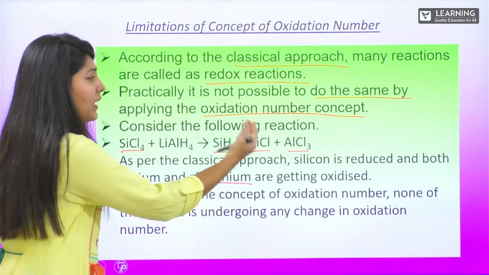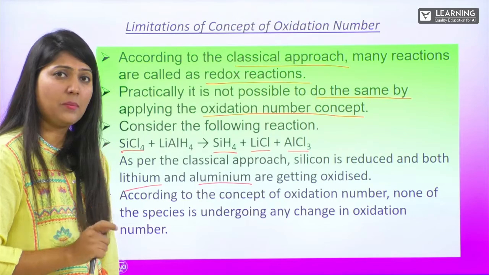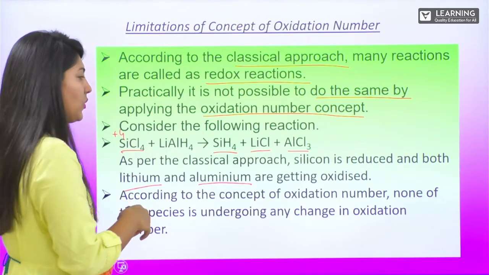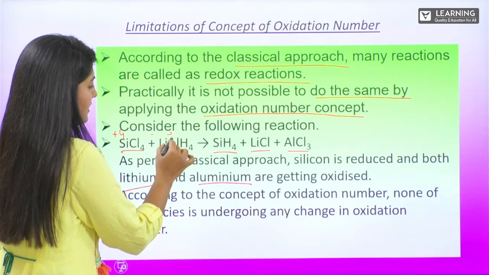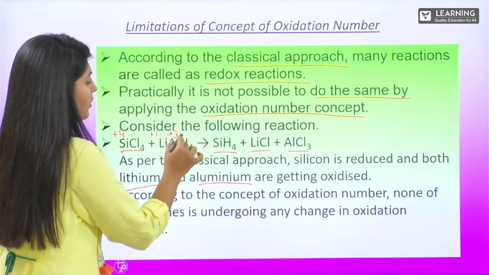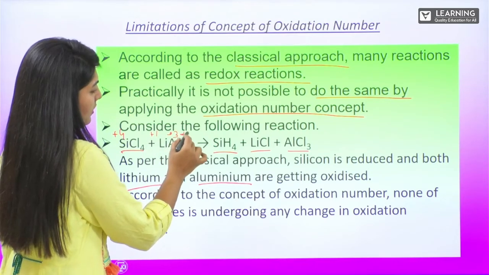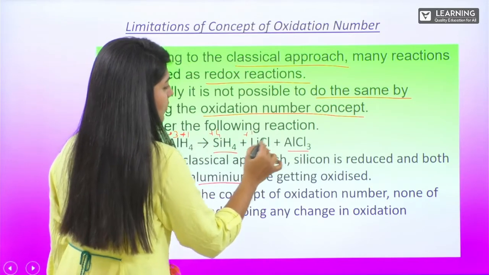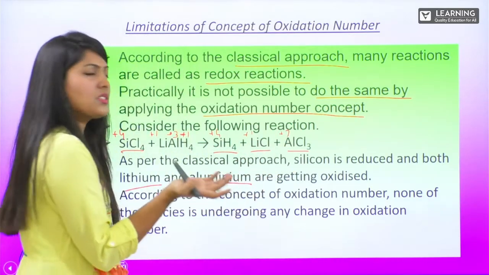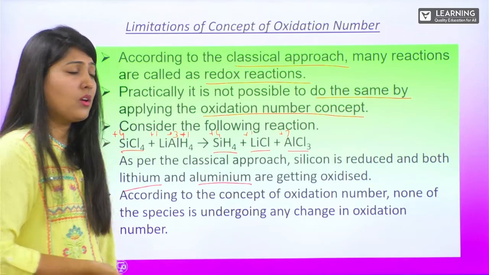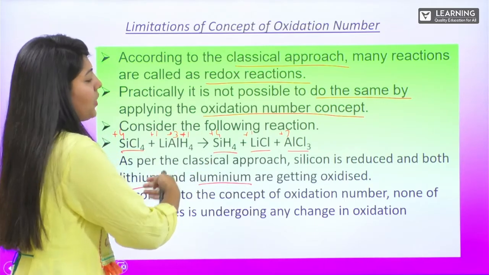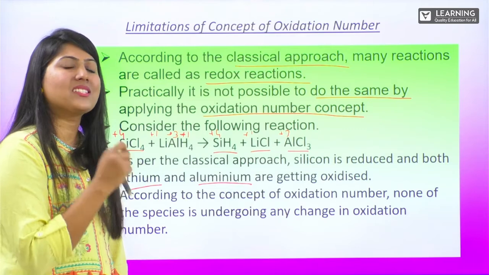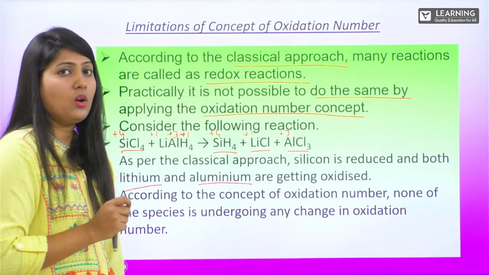But that cannot be identified using oxidation number, because the oxidation number here for silicon is +4, aluminum is +3, lithium is +1, hydrogen is -1, and on the other side silicon is +4, lithium is +1, aluminum is +3. The oxidation number is not at all changed. On both the reactant and product sides we have the same oxidation number for each element.